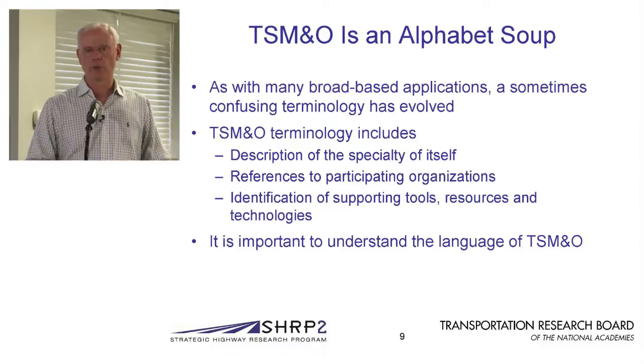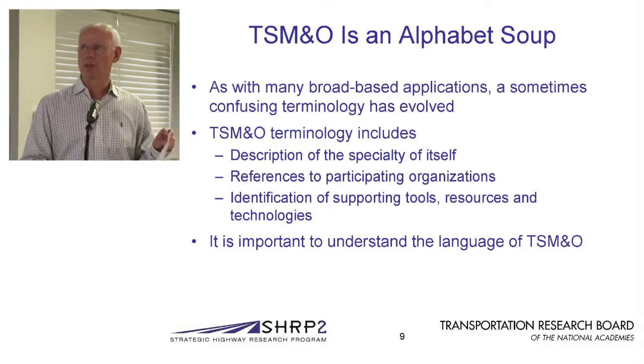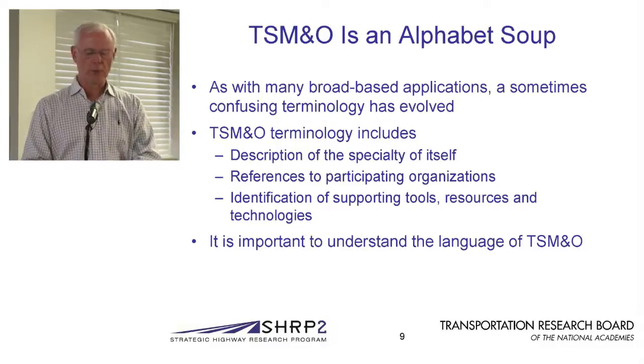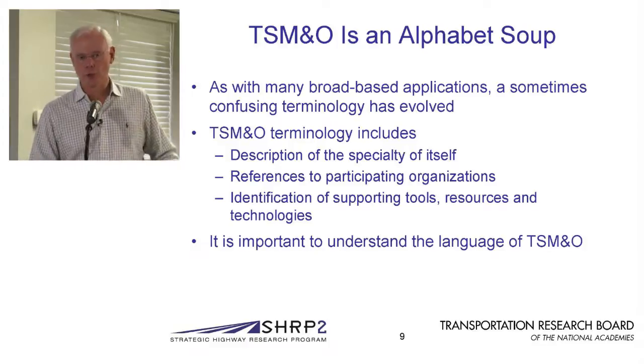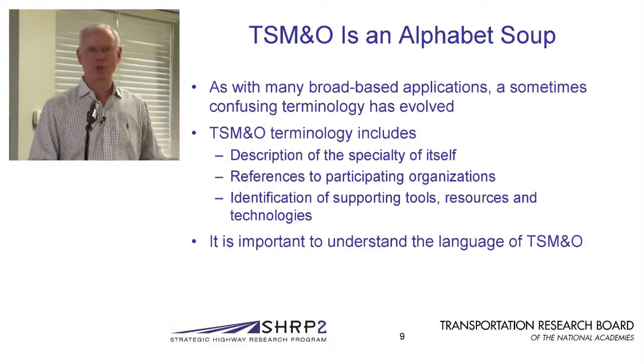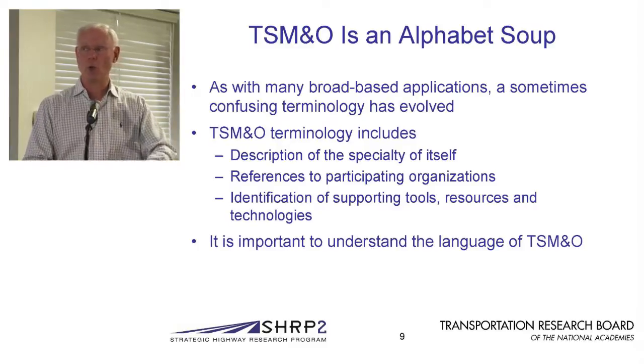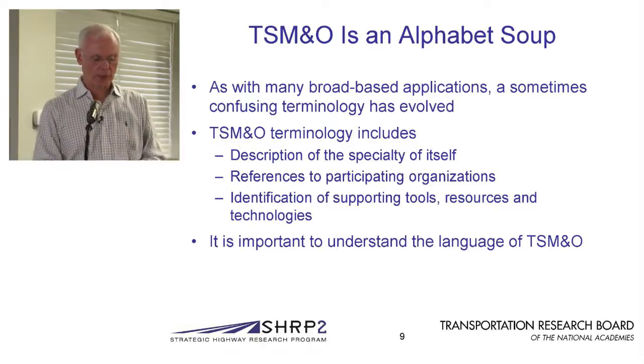We'll be going through some of those terms. I think the important thing to remember is that internally we can communicate with each other using those terms, but the public doesn't necessarily understand, or the decision makers don't necessarily understand what those things are. It's important to speak English when we talk to them.